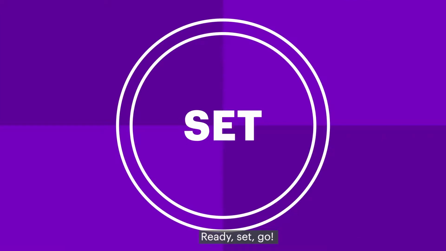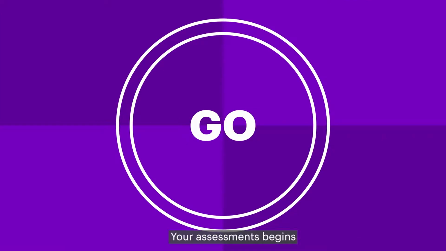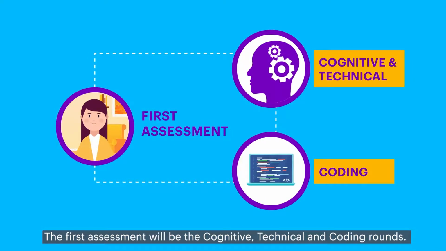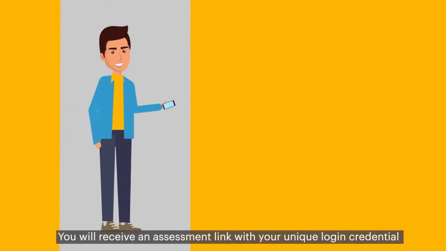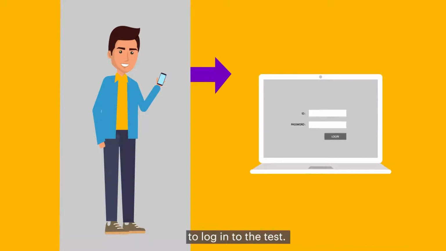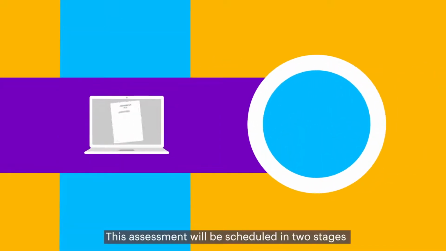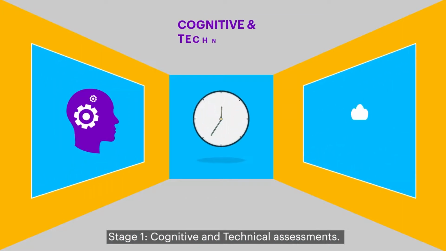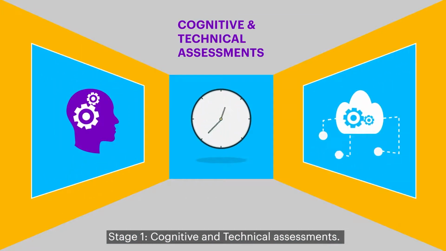Ready, set, go! Your assessment begins. The first assessment will be the cognitive, technical and coding rounds. You will receive an assessment link with your unique login credential to log into the test. This assessment will be scheduled in 2 stages, which must be completed within the specified time. Stage 1. Cognitive and technical assessments.